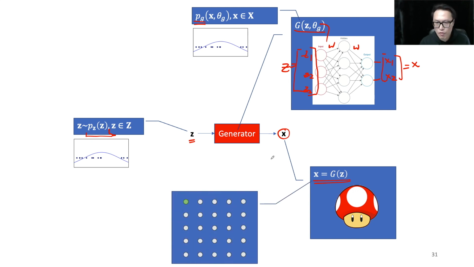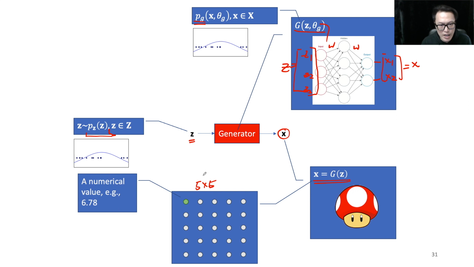If we zoom into this X, if this is an image, we will have a lot of pixels right here. For example, that is a 5 by 5 image, and each dot is a numerical value, for example 6 point something.